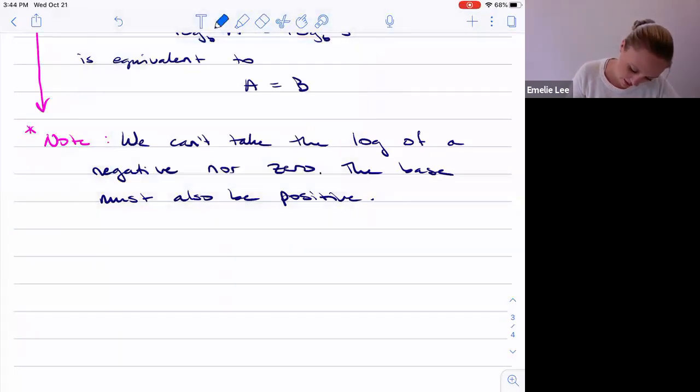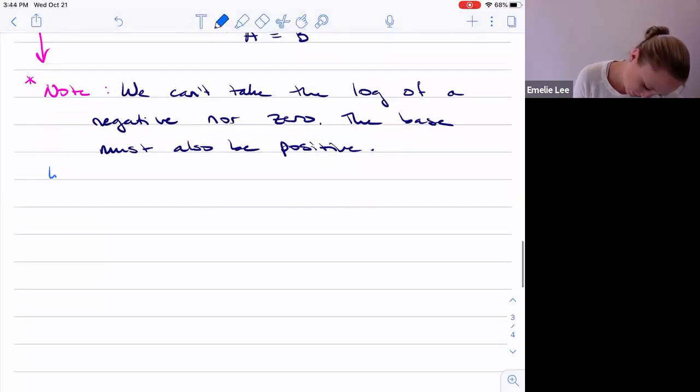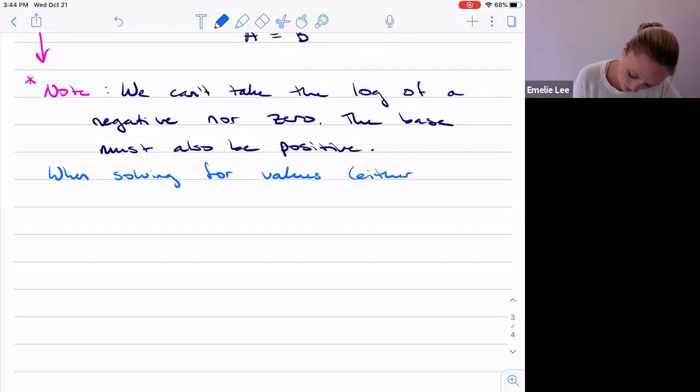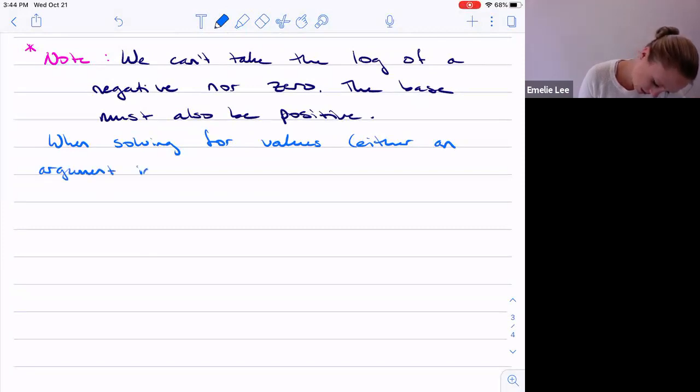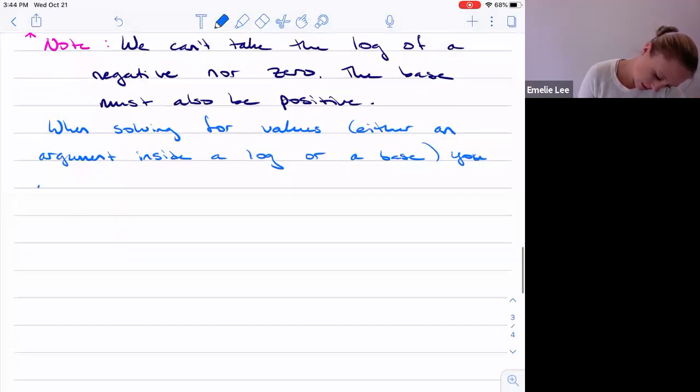So when solving for values, either an argument inside a log, or a base, you need to make sure that your solutions satisfy this criteria.